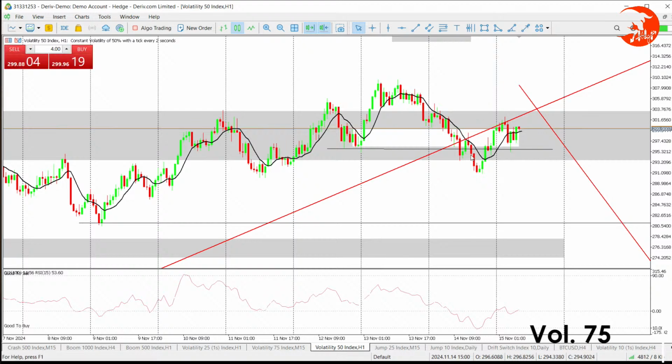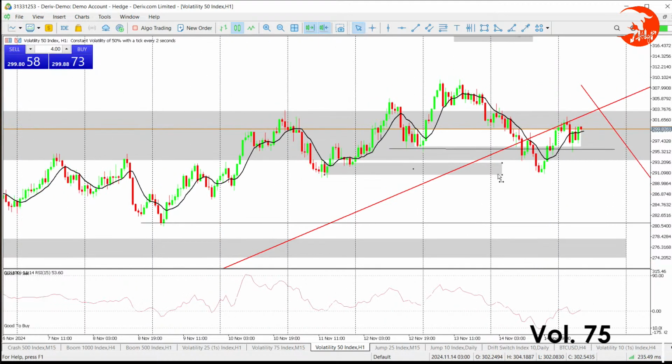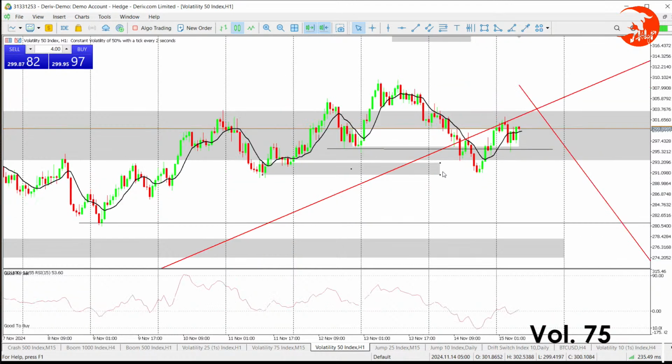And now, yesterday's analysis was not clear. We can see that price has reacted on that previous OB, and now a support is being created on H1. I can delete this, delete that.